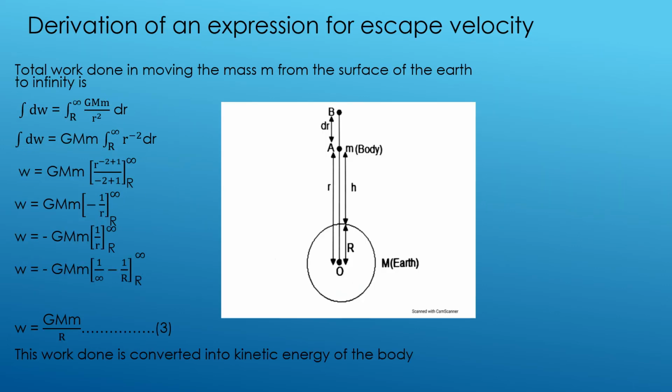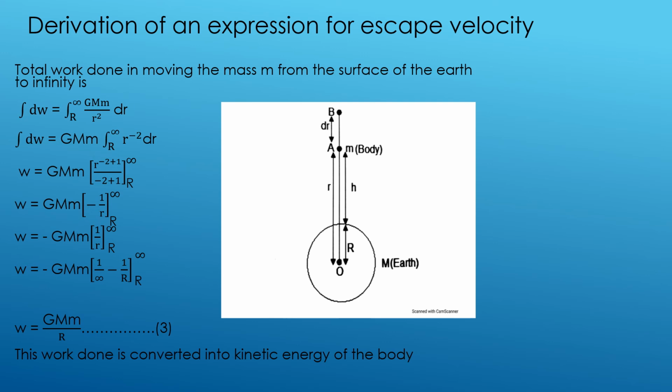Next, the total work done in moving the body of mass small m from the surface of the earth to infinity, we will integrate it. Integration of dW is equal to integration of G M m divided by r square dr. What are the limits of integration? R to infinity, because the escape velocity is the minimum velocity with which a body may be projected such that it escapes from the gravitational pull of the earth.